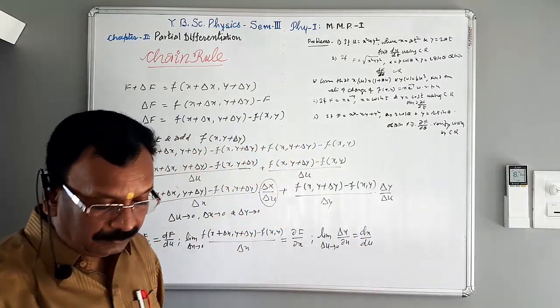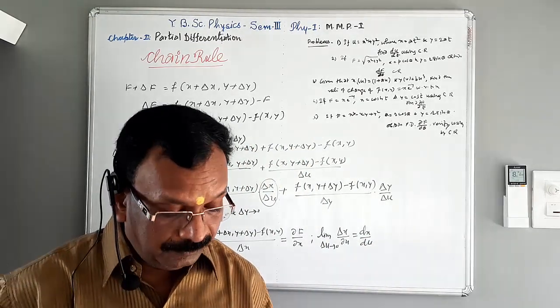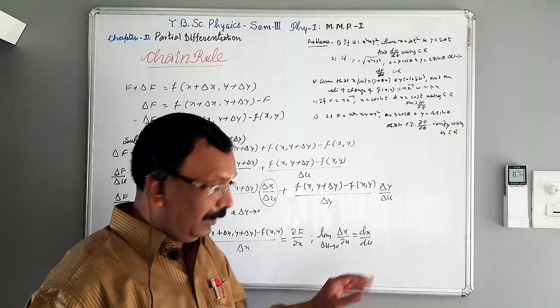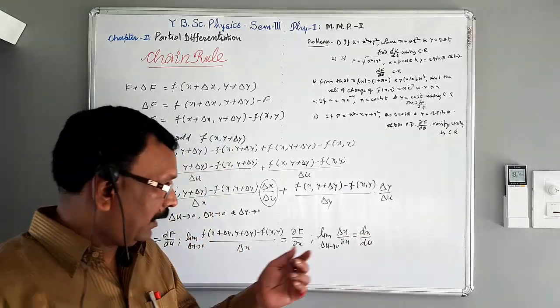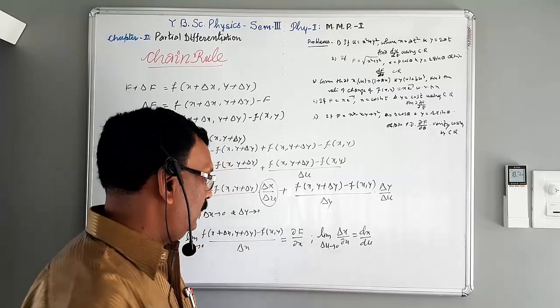Here x depends on u only, and that's why here we substitute the limit.